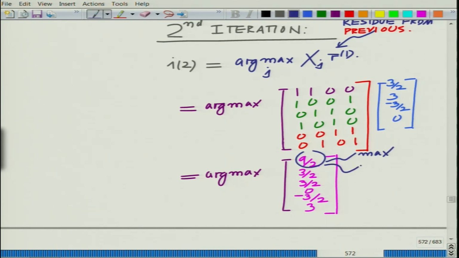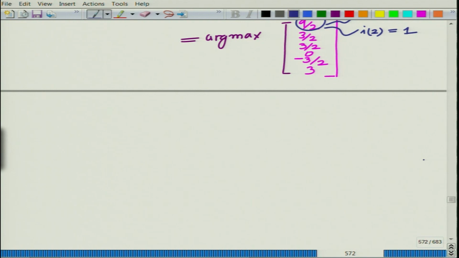but once again we want only the index. So, the index is 1. So, I2 is the index. Remember, we are not interested in the value of the projection, but rather in the index of the element that has the maximum projection. This means essentially the column 1 has the maximum projection. Okay.